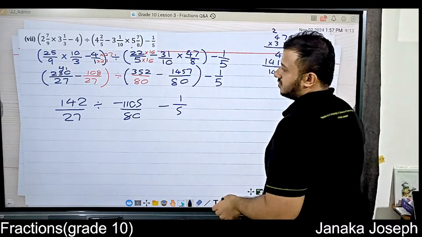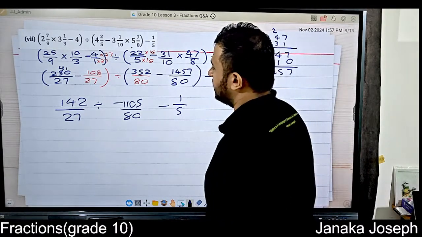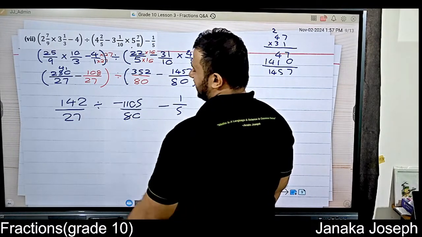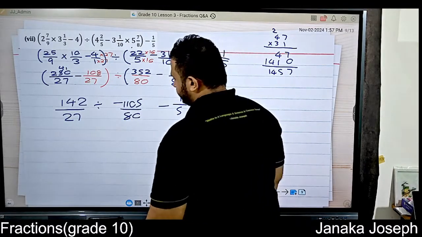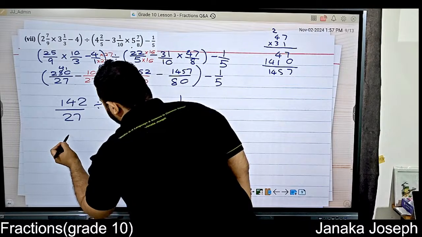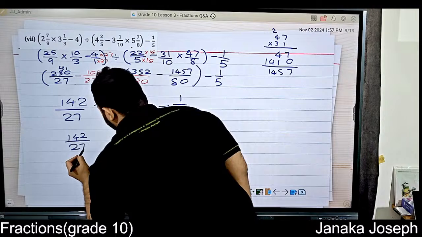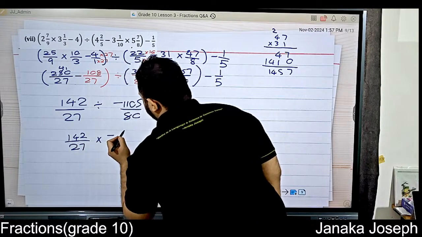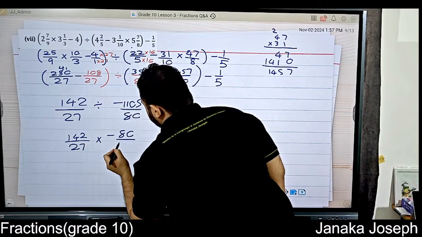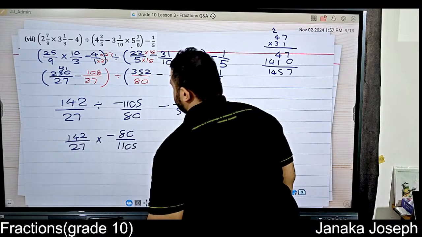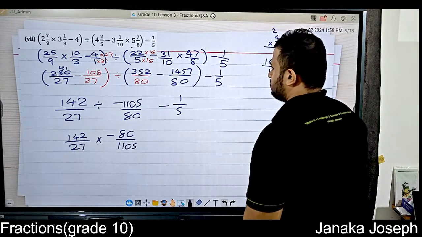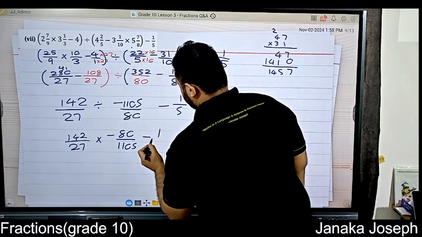Now I will do the division. Division will become multiplication when the right hand side fraction goes upside down. Let the negative be as it is. Yeah. So I will get a 142 over 27 multiplied by negative 80 over 1105 minus 1 over 5.